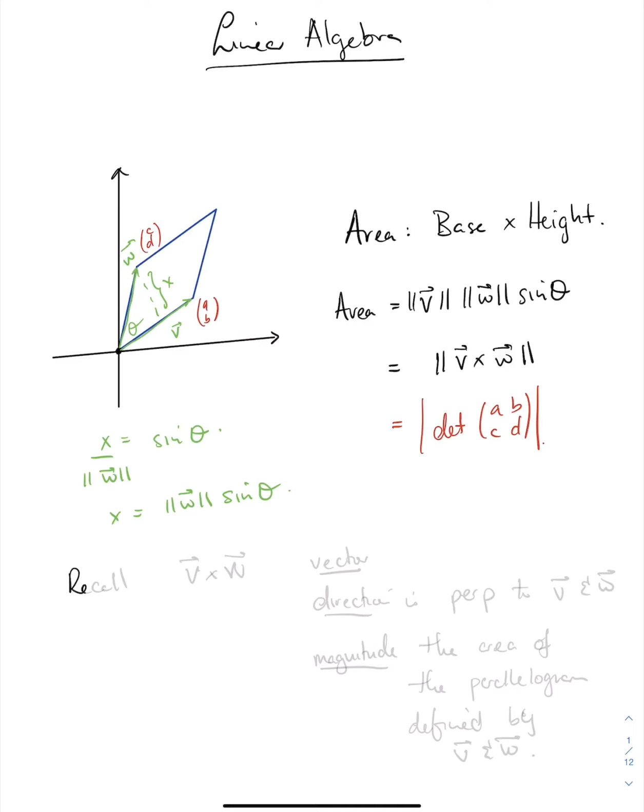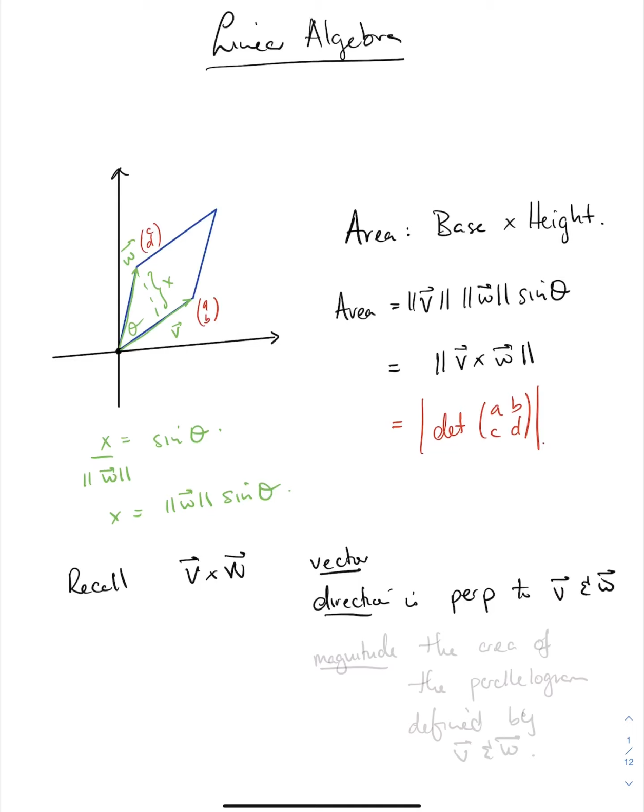Just recall from your calculus classes that the cross product of two vectors is itself a vector. The direction of this vector is perpendicular to both v and w.